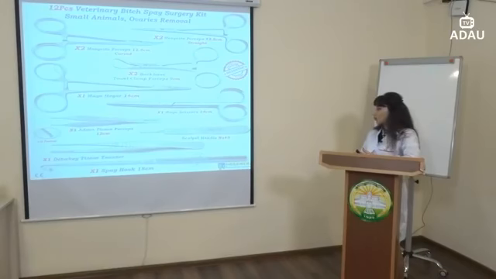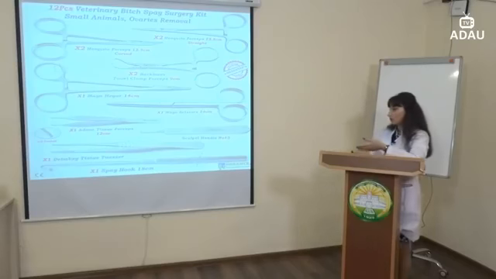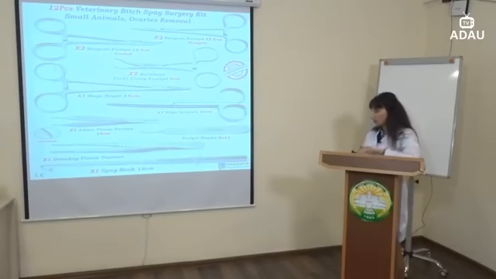And a spay hook, 18 centimeters, when we want to raise the ovary during ovariectomy. This is the operation when we remove both ovaries with this instrument: we raise the ovary, and after that we remove it.